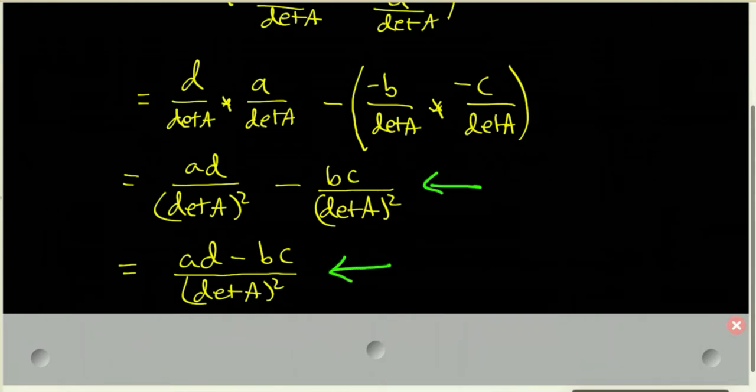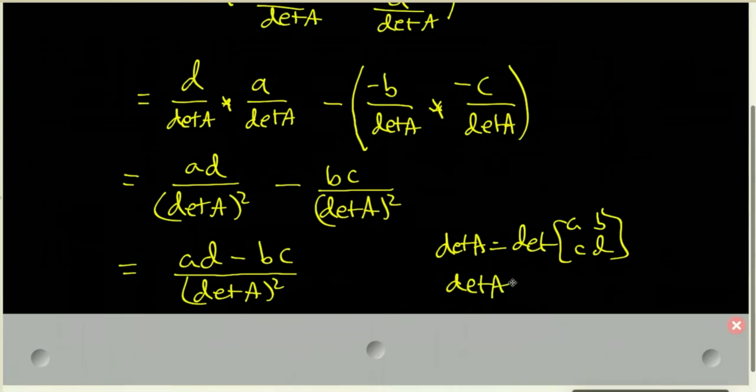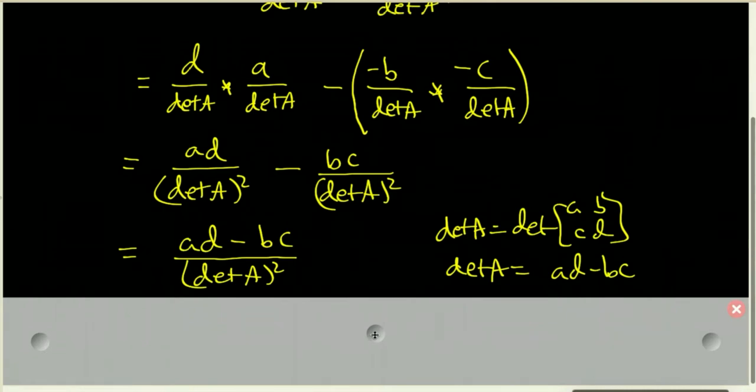Now, I do need to remind myself that the determinant of A was the determinant of A, B, C, D. And so the determinant of A is just AD minus BC. So what we're looking at here is the determinant of A divided by the determinant of A squared.